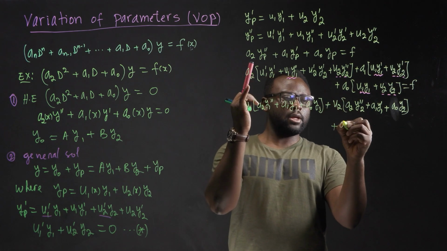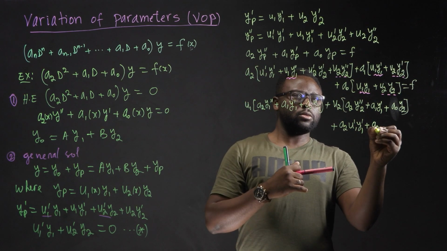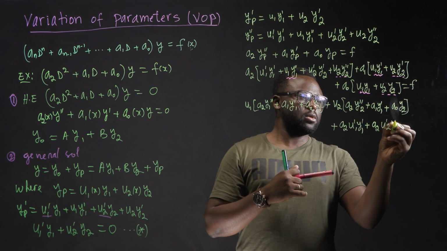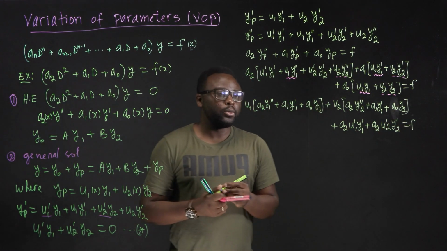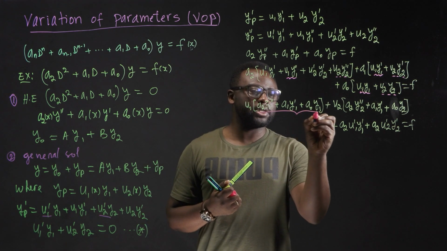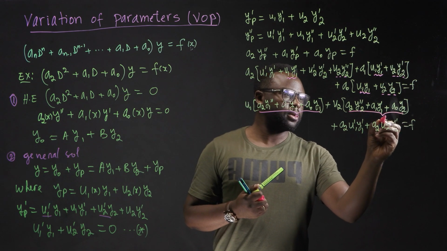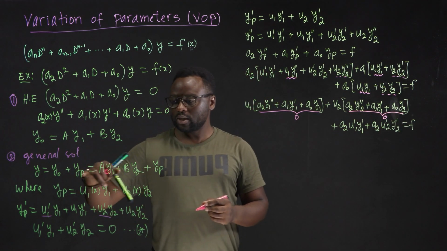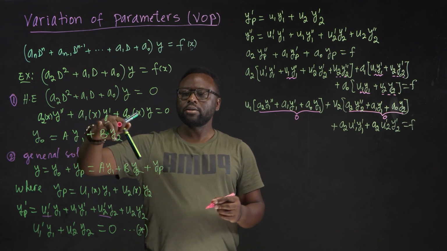So this is a2 u1 prime y1 prime plus a2 u2 prime y2 prime equal to f. All right, remember that y1 and y2 are solutions to the homogeneous equation. So this means this is 0 and this part is also 0. Right, if you take this here, you substitute to this equation, then you obtain exactly 0.